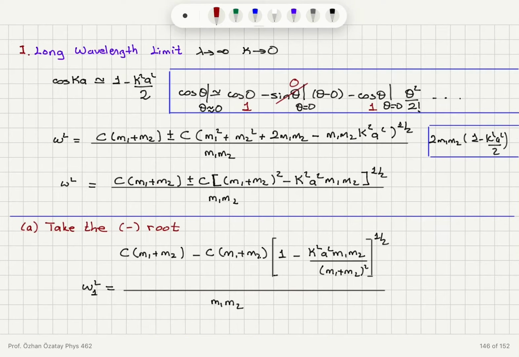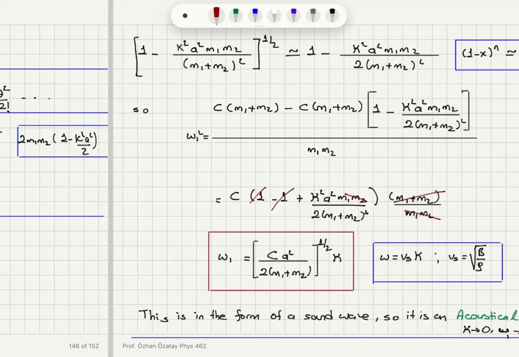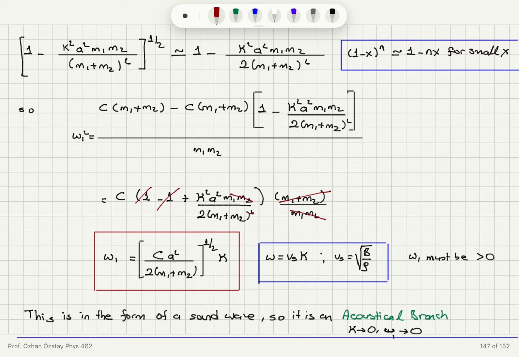So I substitute that for the square root term. So I obtain C (m1 plus m2) minus C (m1 plus m2) times approximately 1 minus k square a square m1 m2 divided by 2 (m1 plus m2) square, divided by m1 m2.